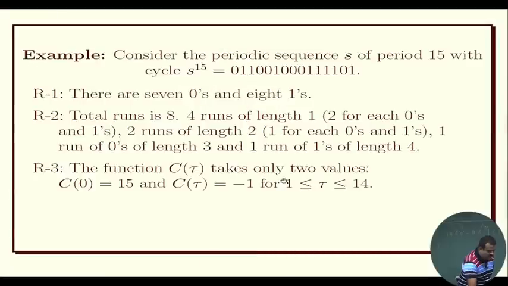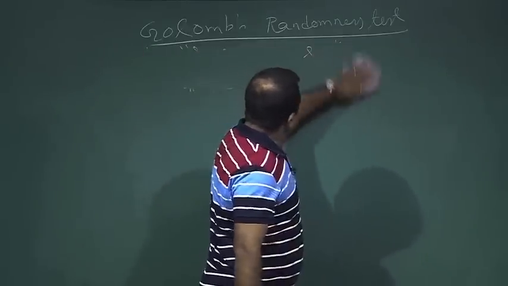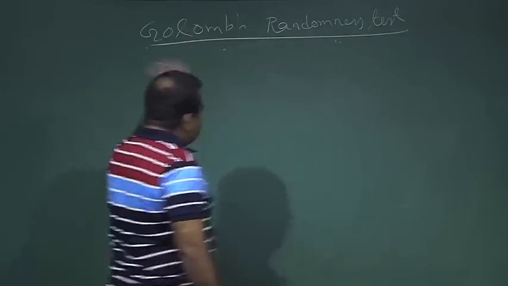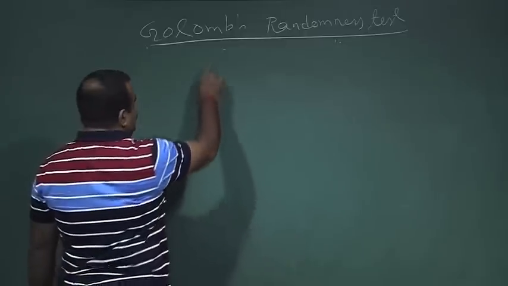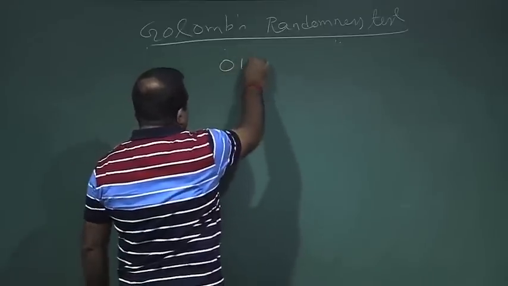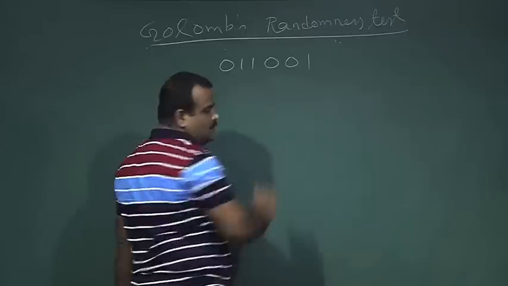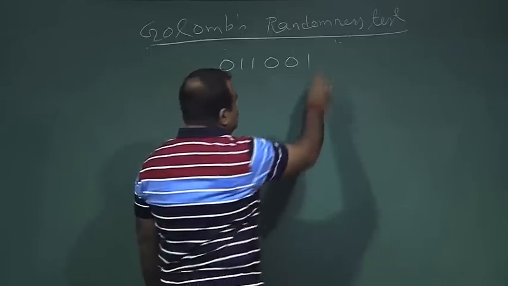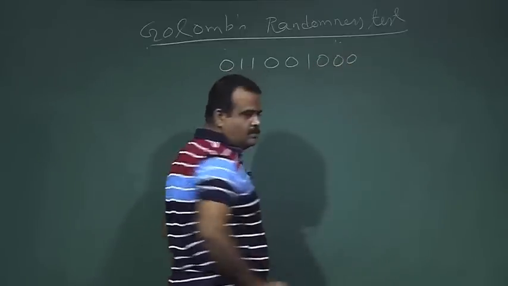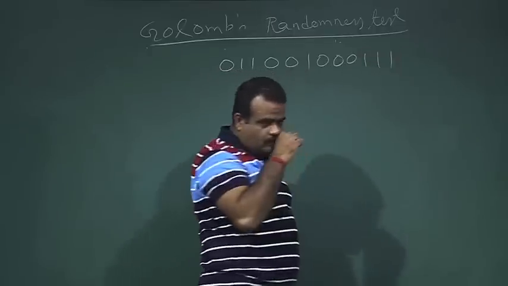Suppose we consider a sequence like this. Suppose our sequence is 0 1 1 0 0 1 0 0 0 1 1 1 1 0, with 4 ones.